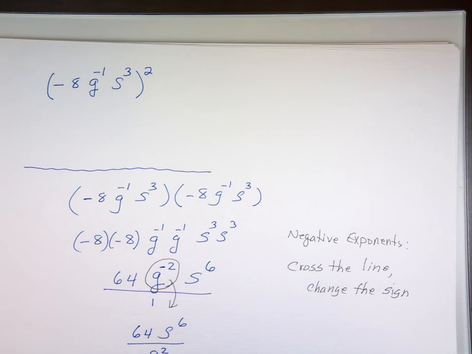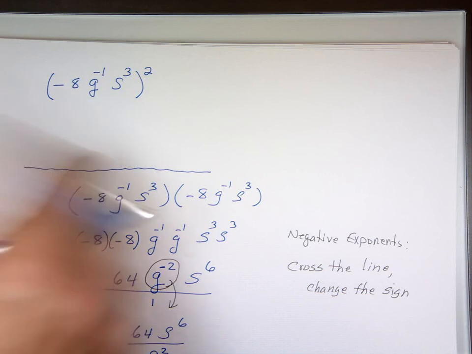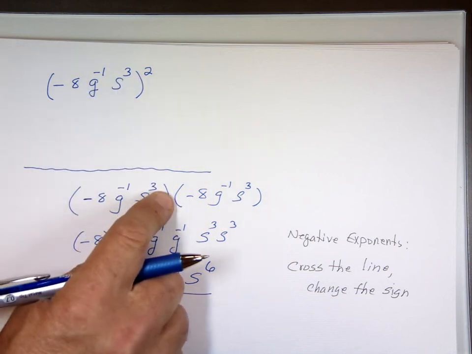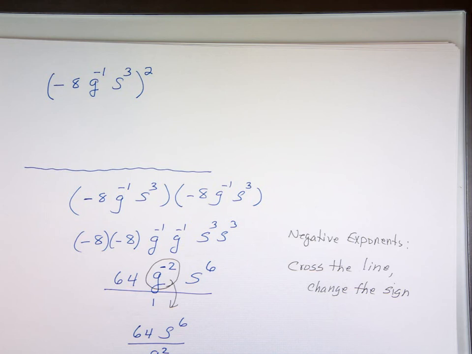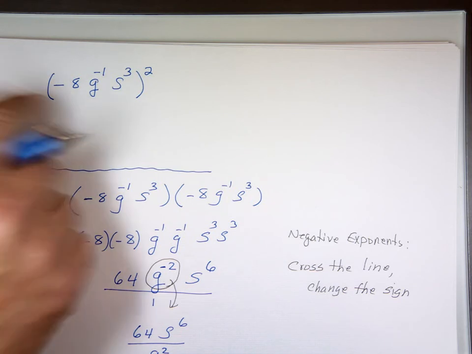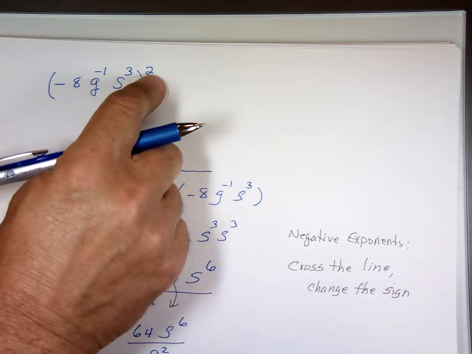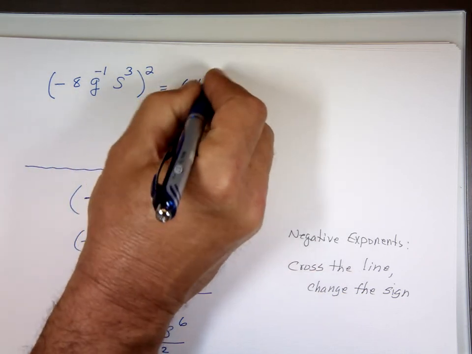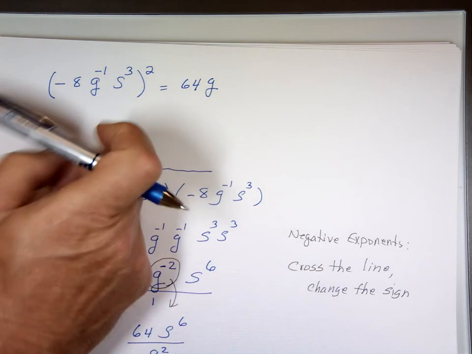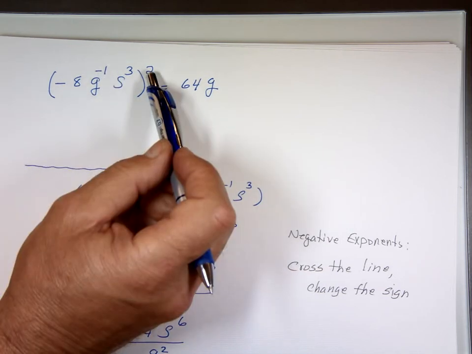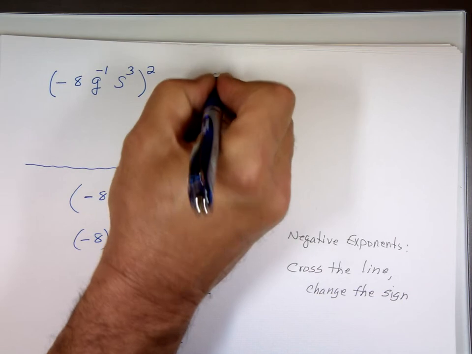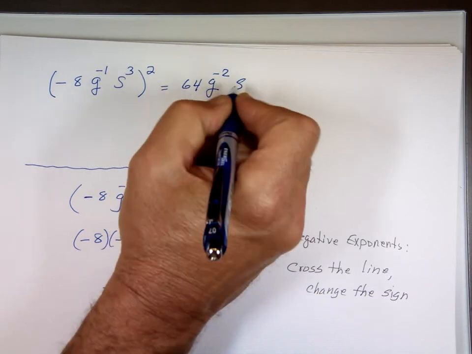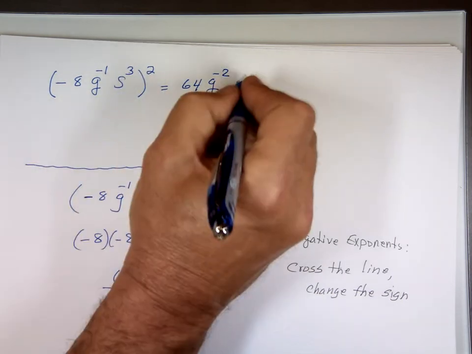So let me go back to the first method I had in my mind. I left a space for it because I don't want to do it this way, especially if this is the power of 10. Do I want to sit down and multiply it 10 times? Hell no. So what's negative 8 when you square it? That's 64. G to what power? Power to power you multiply. What's minus 1 times a 2? Negative 2. S to what power? What's 3 times 2? 6.